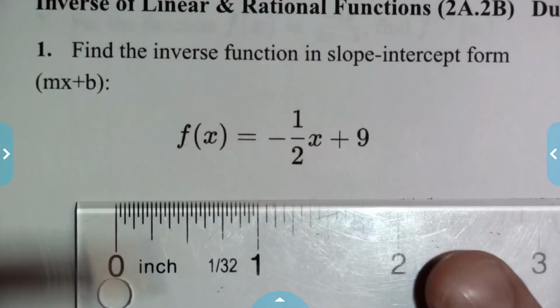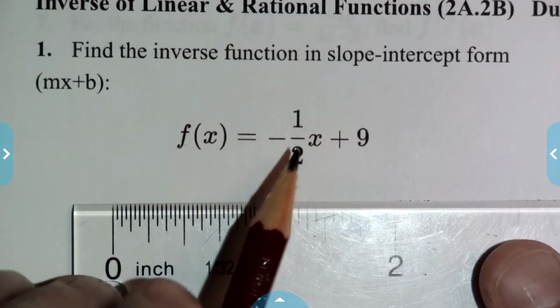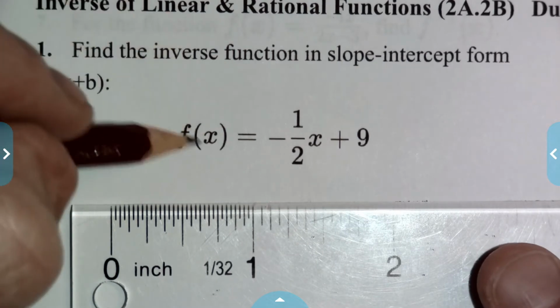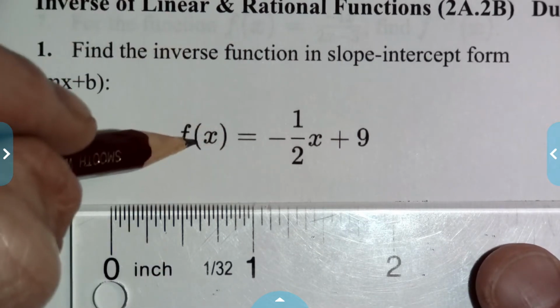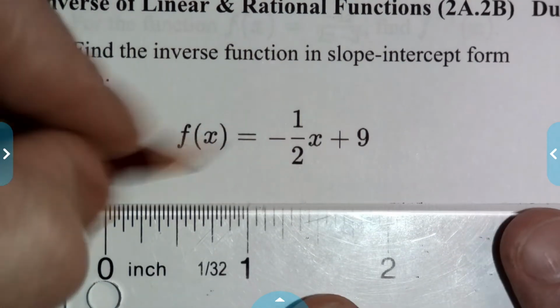In order to find the inverse of, in this case, a linear function, meaning that the graph is a straight line, the first thing we have to do is rewrite this without the function notation. And so instead of writing f of x, we're going to use y.